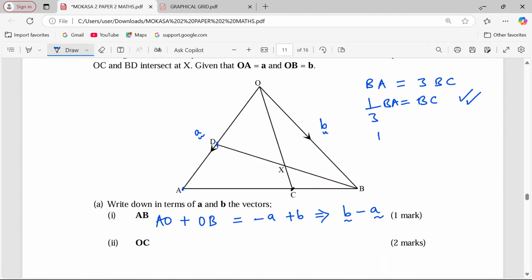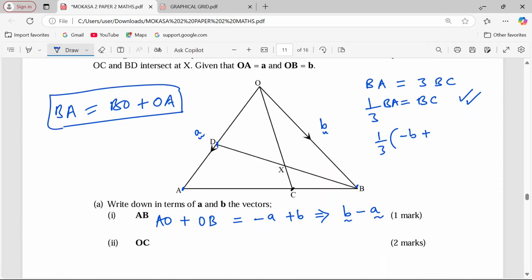So BA means from B to O, that is the reverse of B, then O to A. So BA equals B to O, then O to A. So the other one becomes vector A. That is the value of BC now.